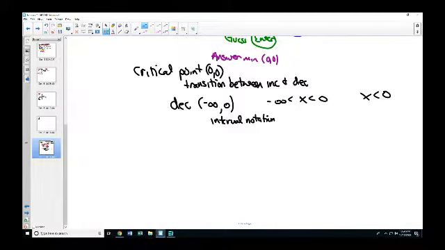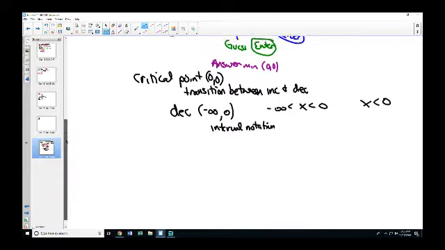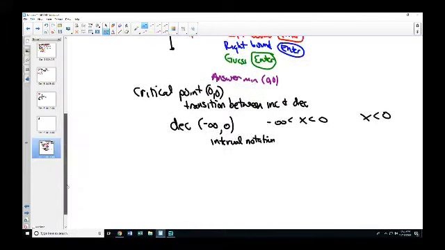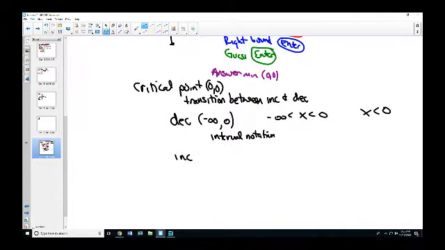But just keep in mind that this value here is going to be your critical point, right? And where is that function increasing? 0 to positive infinity, forever, right? Just keep going up. So we're increasing on 0 to infinity, which can also be written.